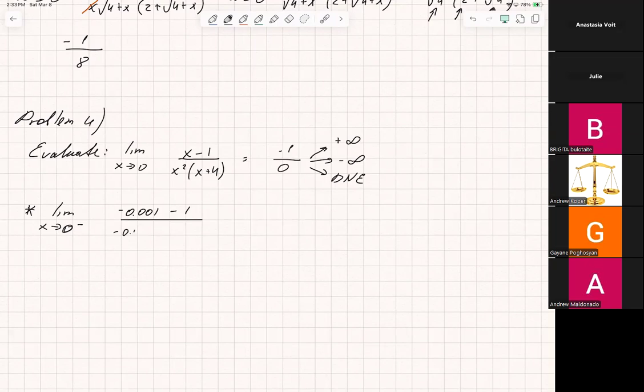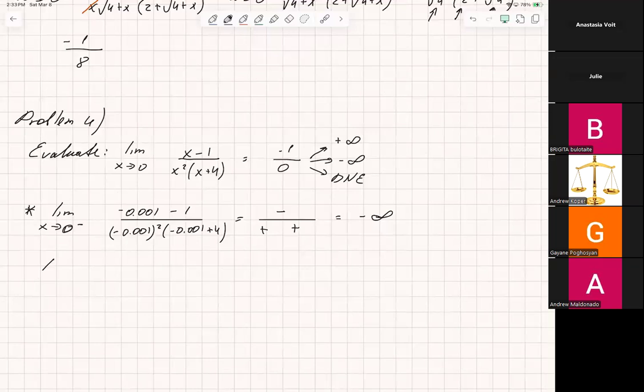We have negative 0.001 squared, negative 0.001 plus 4. And all I need is the signs, right? So in the numerator, it's going to be negative. In the denominator, this will become positive, and this is also positive. So the total would be negative infinity. So that's our left limit.